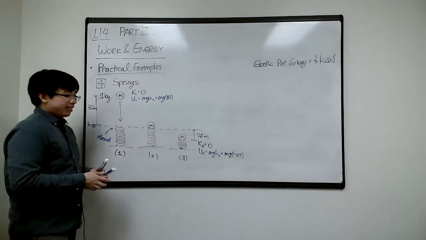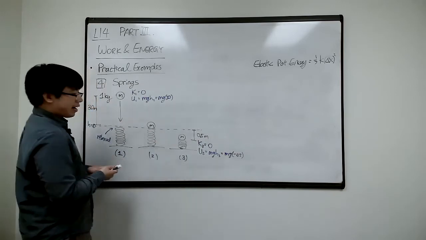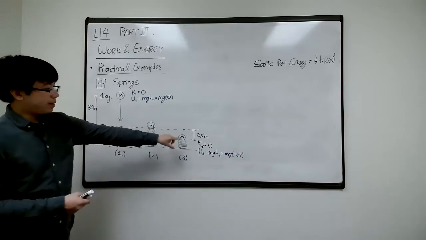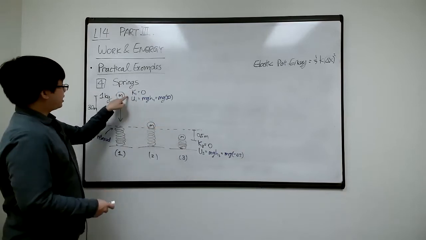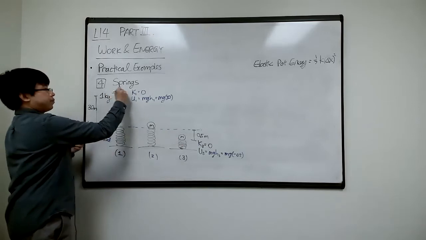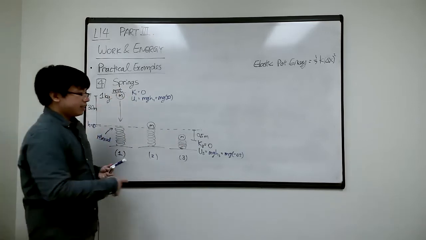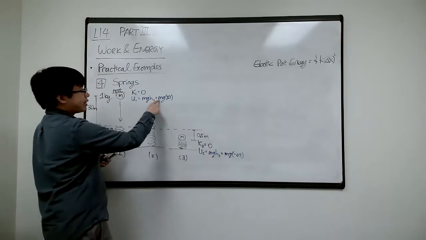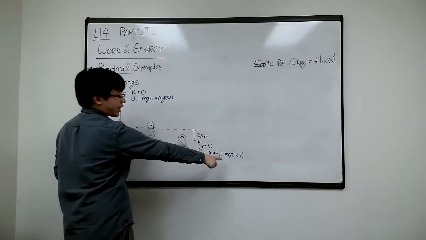Now notice what's going on. If I just equate point 1 and point 3, the kinetic energy at point 1 is 0 because I drop it at rest. So nothing changed there, but what is my change in potential energy?